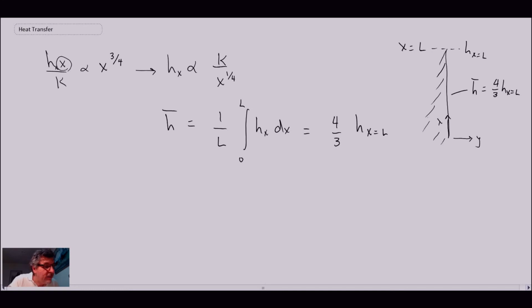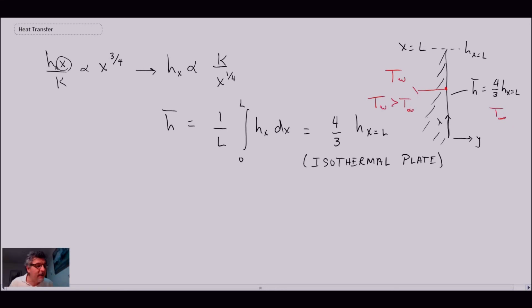So that is what we get, and this is in the case of an isothermal plate that we were looking at, where T wall was greater than T infinity, out here.